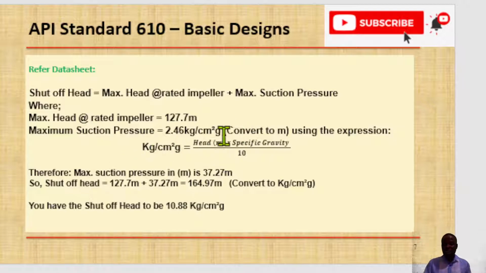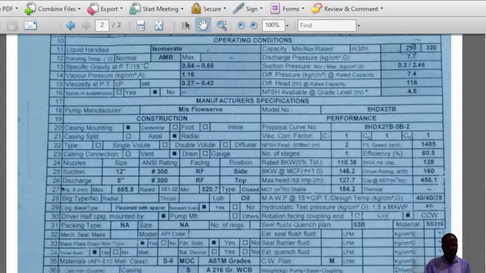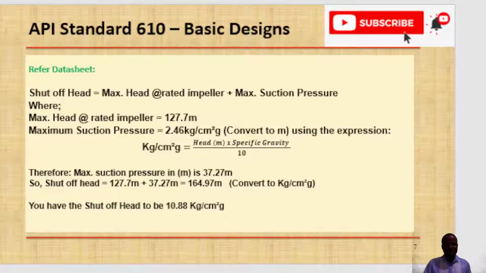You put 2.46 equals your head in meter times your specific gravity. For the specific gravity in this case, you check the mechanical data sheet. The specific gravity is 0.66.